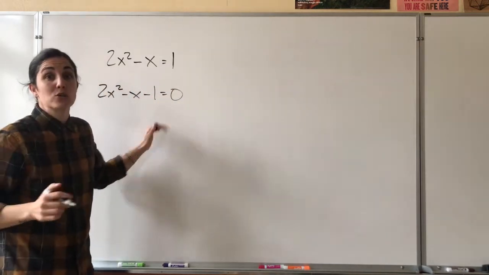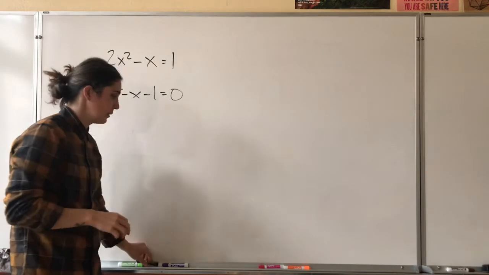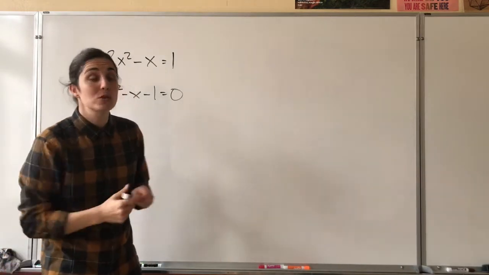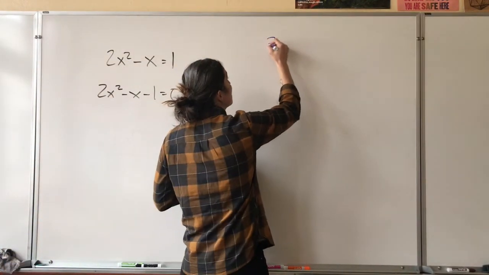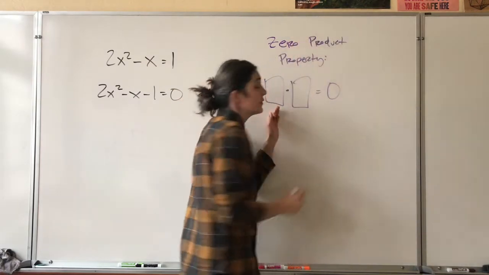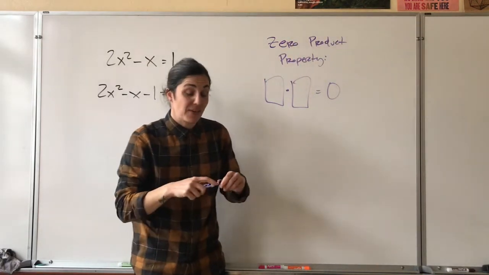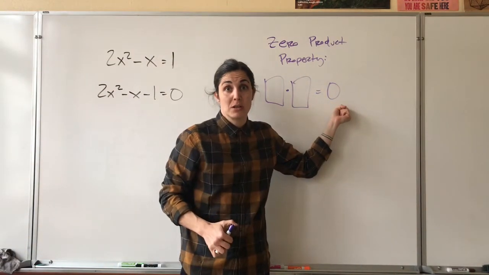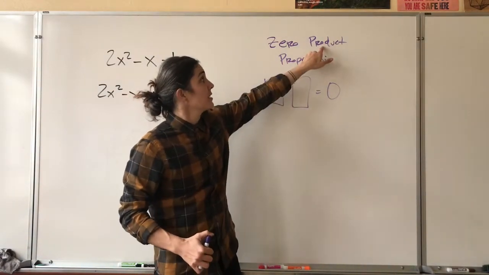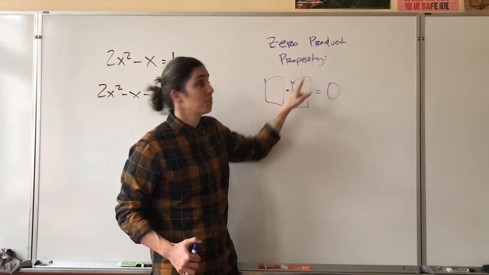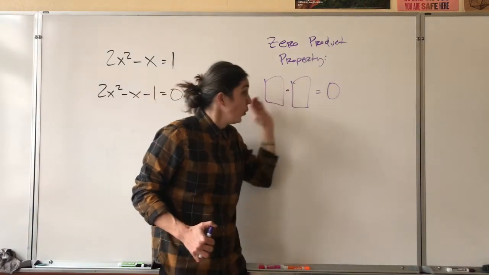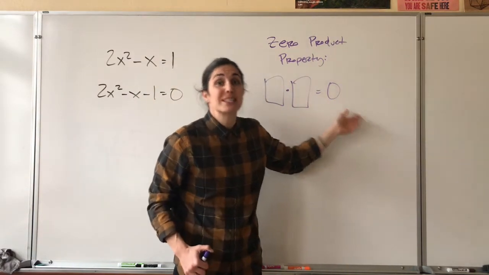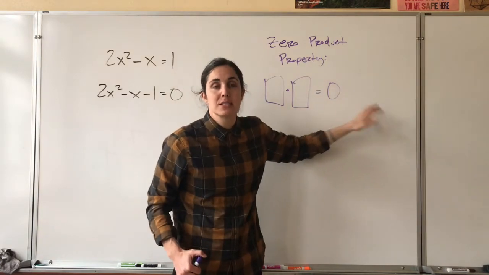And here's why. The reason we want it to be equal to 0 is so that we can use something called the zero product property. The zero product property says that if I have two things that multiply together to be 0, product meaning multiply, the only way to get out 0 is if one of those numbers is 0.